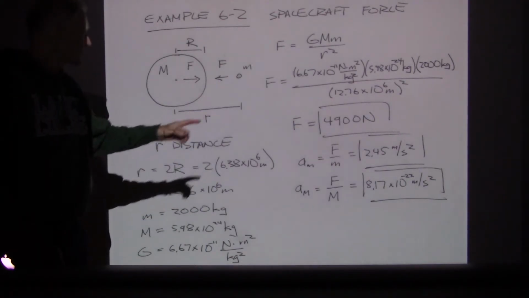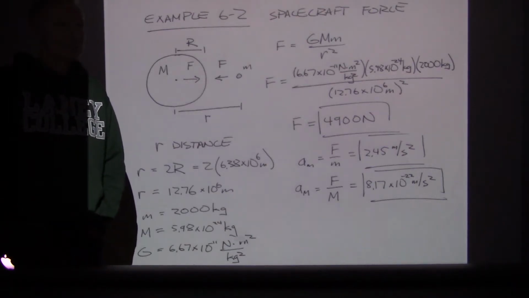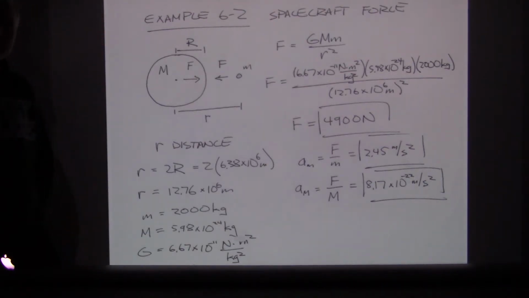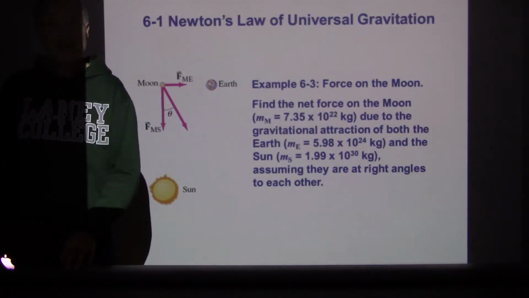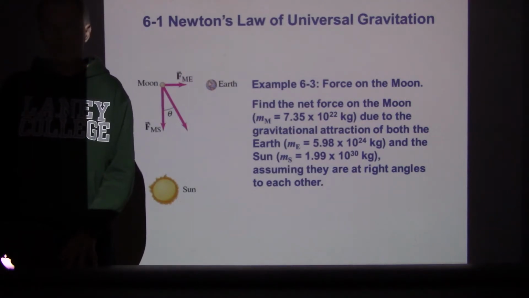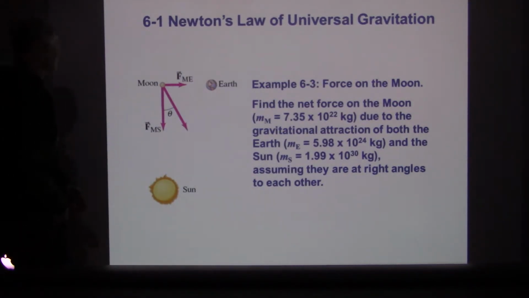And that's giving us an acceleration of 8.17 times 10 to the minus 22, and that's why we typically ignore that. All right, so anyway, we've got this spacecraft. We've been able to calculate a force, and we calculated an acceleration. So that's good. We're looking pretty good here.